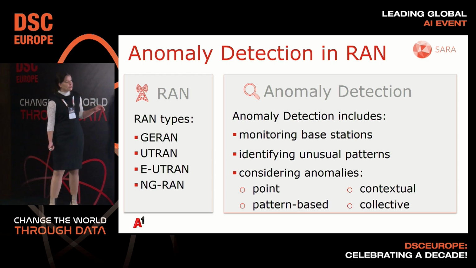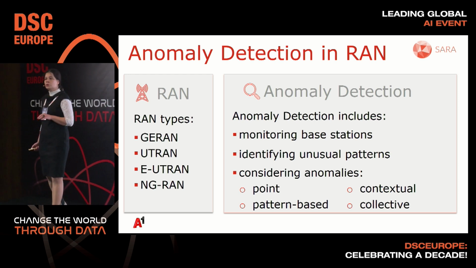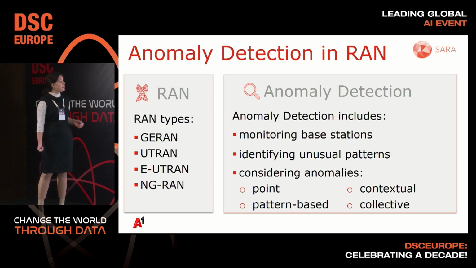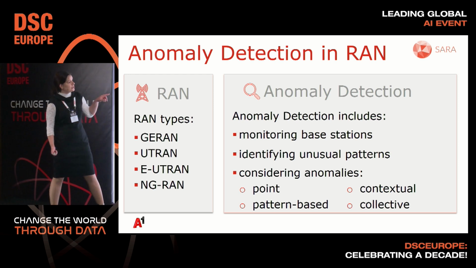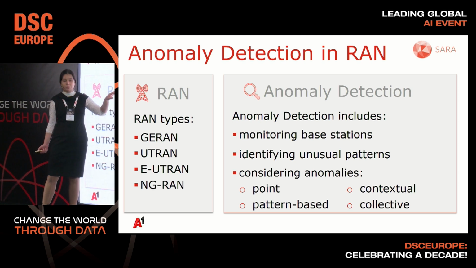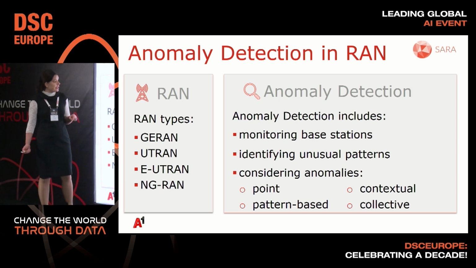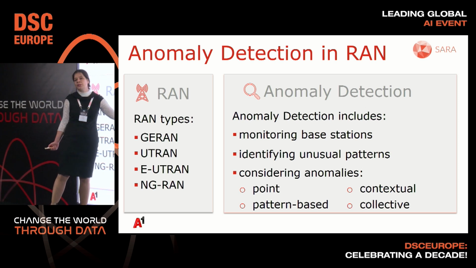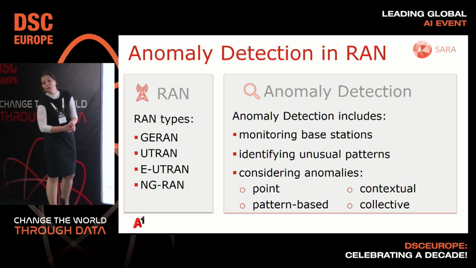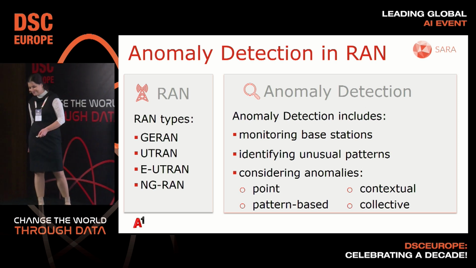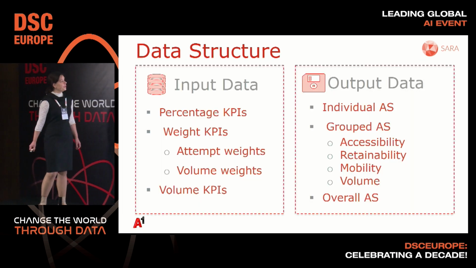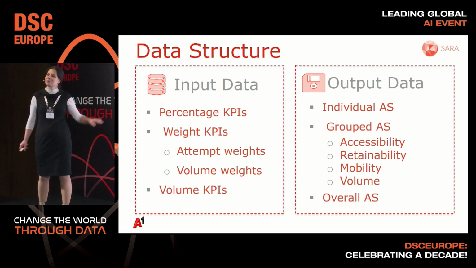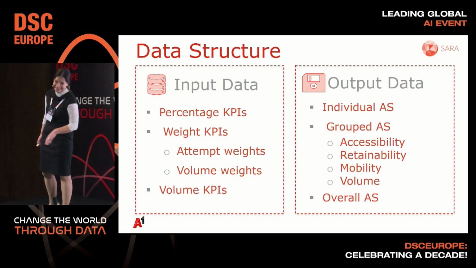Each of them requires maintenance to be optimal. So this is the place where anomaly detection comes into play and helps us to monitor base stations, identify unusual patterns, and try to solve them. We are doing it with a robust statistical method, so we will have a lot of math here.